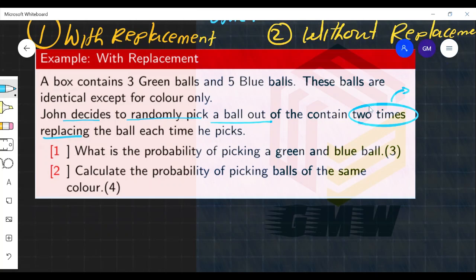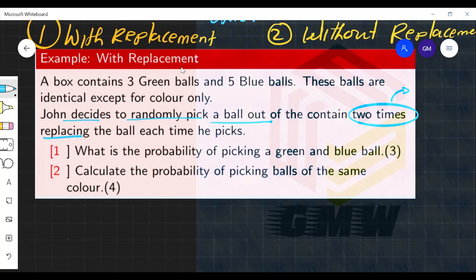Your mind is already singing tree diagram. Then it continues to say replacing. Now you have reduced it to tree diagrams where there is picking with replacement.